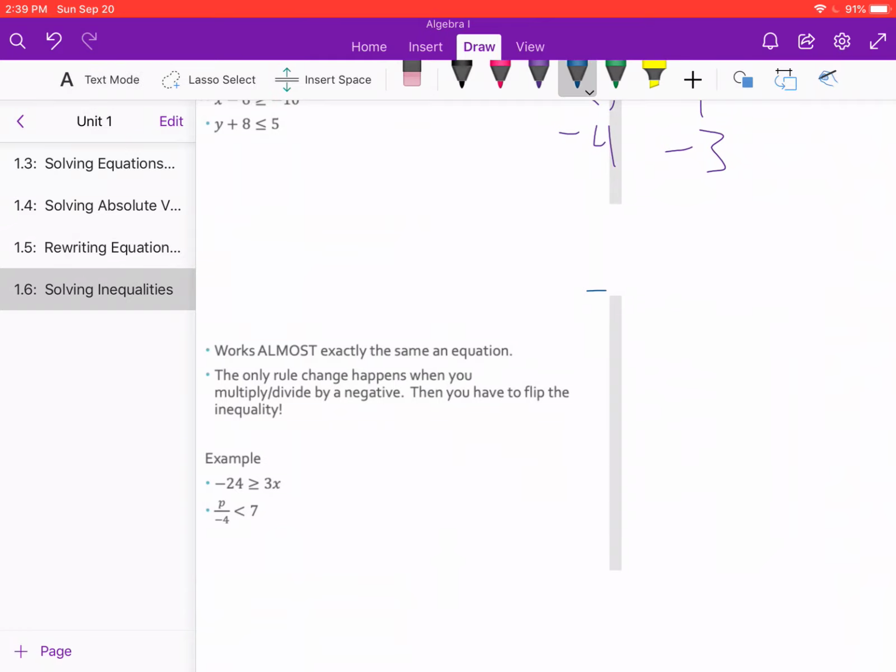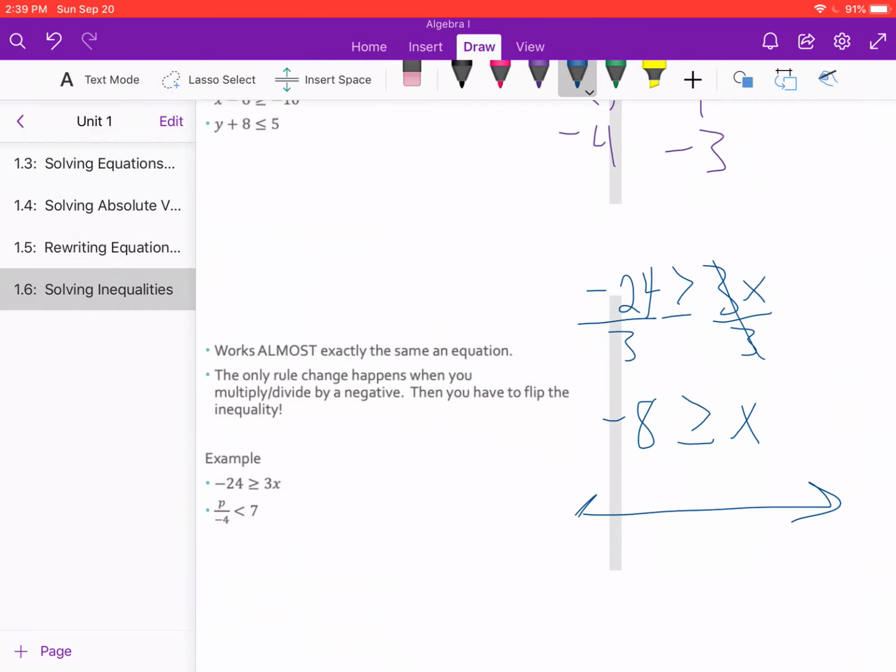We have negative 24 is greater than or equal to 3x. To get x by itself, we're going to divide by 3, and we get negative 8 and x. But the key is, did we divide by a negative? In this case, we divided by a positive 3, so our sign is going to stay facing the same direction.